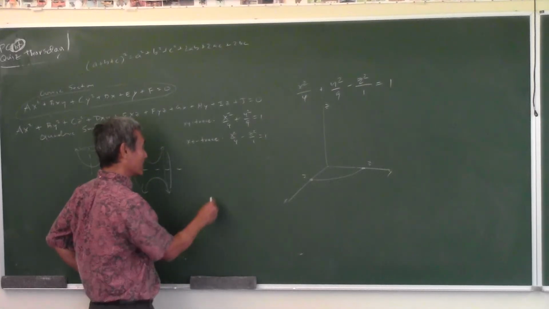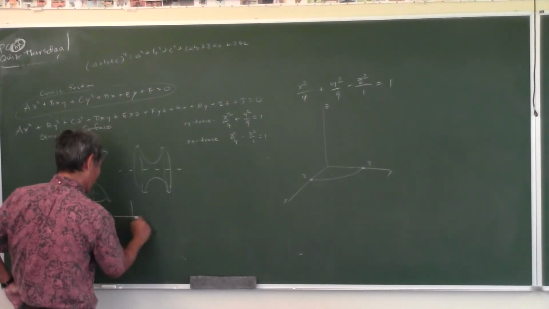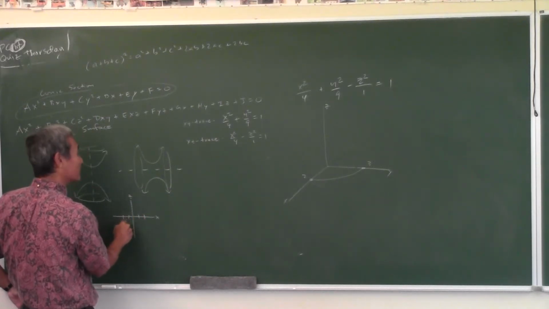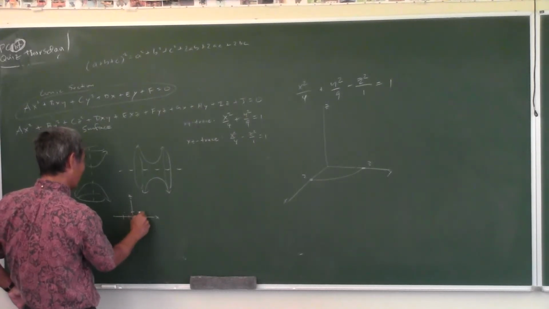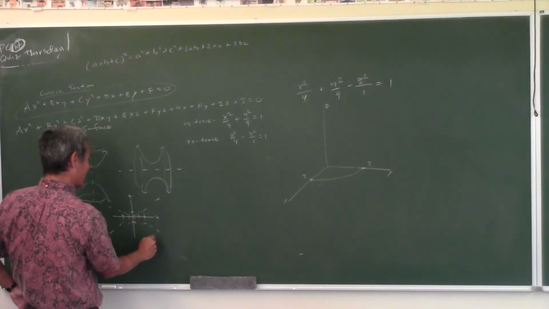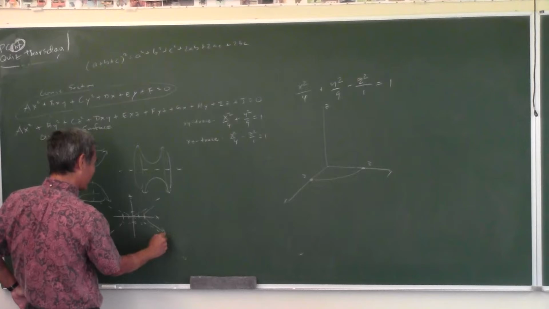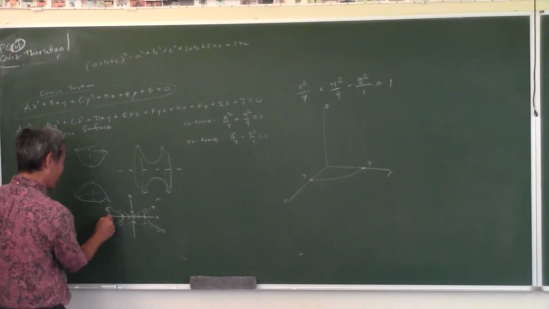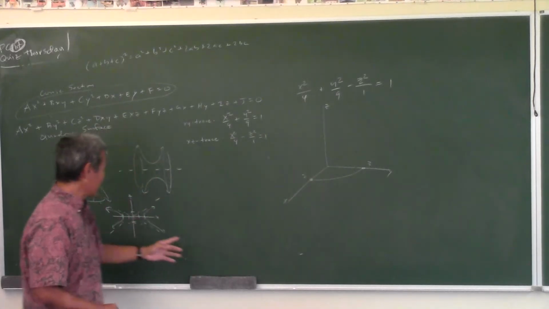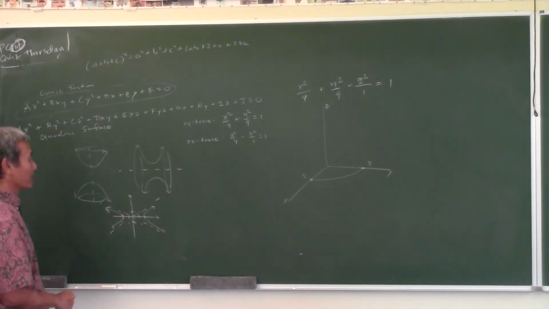If this is x and this is z, I go 2 to the right, 2 to the left, 1 up and 1 down. I make the rectangular box, draw in the asymptotes, and since the x comes first, it's going to open left and right like that. But here's the xz plane right here. How do you draw that? What's going to happen?